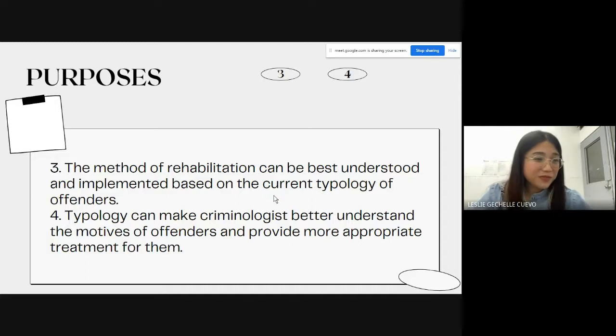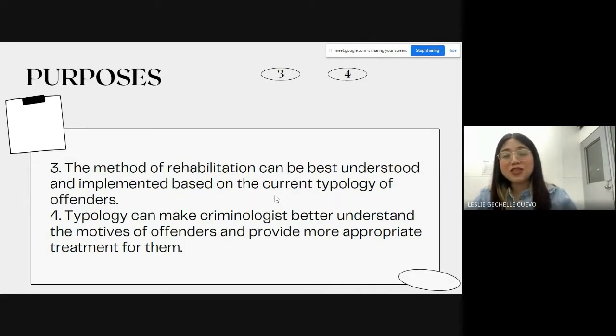Ayun, criminologist, ang definition niya, ang trabaho niya is to study criminals, crimes, and criminal behavior. That's the definition of criminology. So, ang criminologist, yung gumagawa nun. Yung criminologist ang nagsa-study ng krimen, ng criminal behavior.